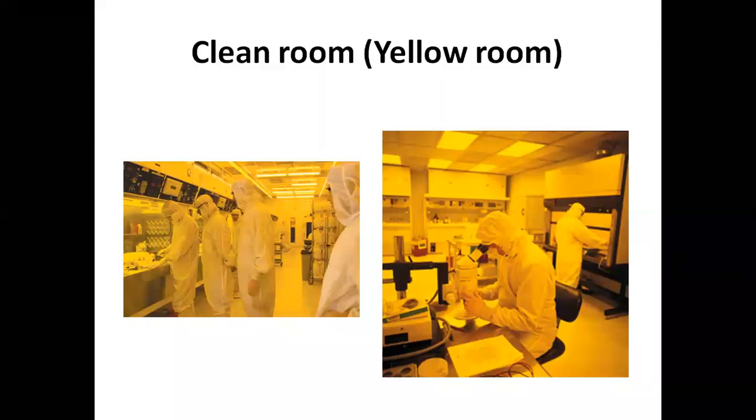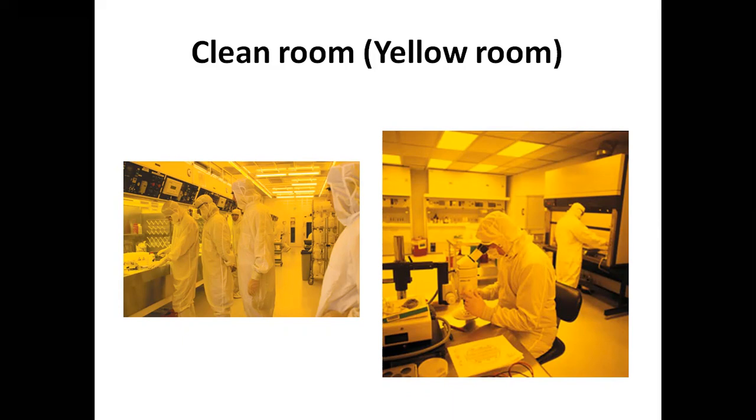So in order to keep your photoresist away from the ultraviolet radiation, we would be using yellow light, which doesn't contain ultraviolet radiation. So all of the fabrication is done in the yellow room. The room is completely packed.